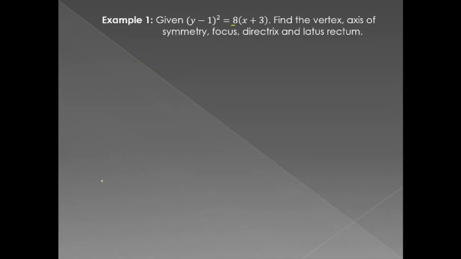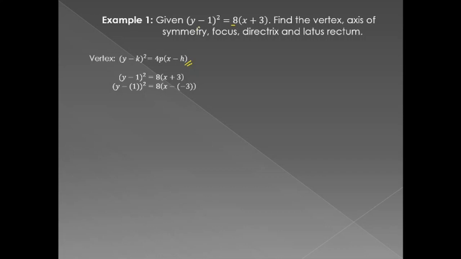Okay, so, for example number 1, we have the given (y minus 1) squared is equal to 8 times (x plus 3). We need to find the vertex, axis of symmetry, focus, directrix, and latus rectum. For the vertex, since y yung naka-square dito, ito yung kailangan nating gamitin.